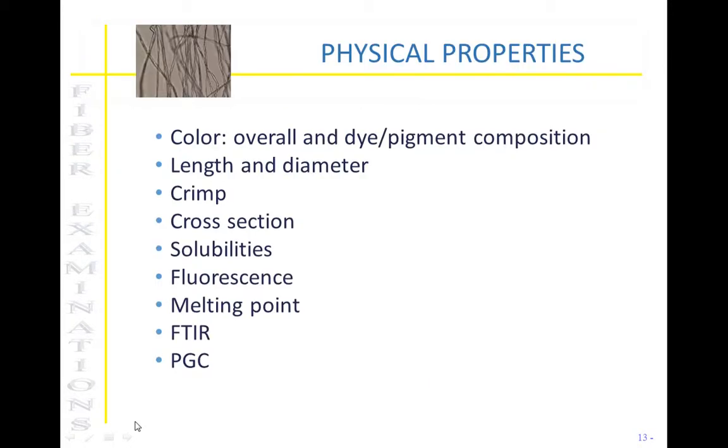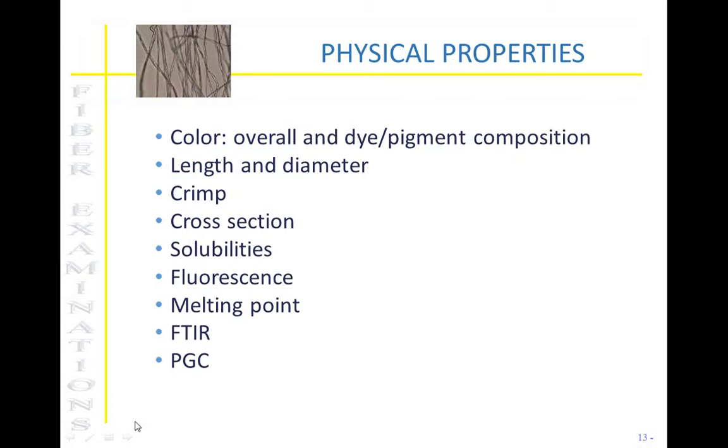So if we talk about physical properties of a fiber, obviously that overall color of the fiber itself is a big characteristic. This would be taken into consideration if you're looking at a small section of fabric or also if it is single fibers.